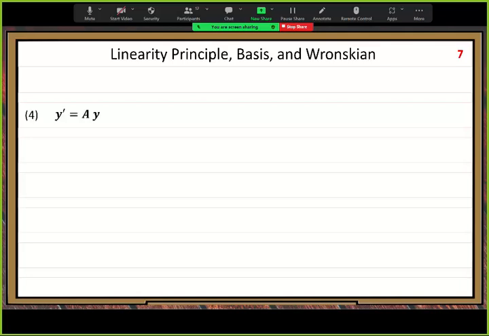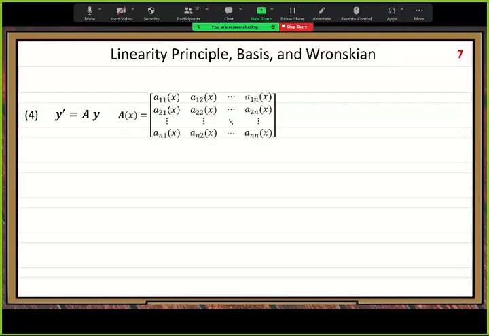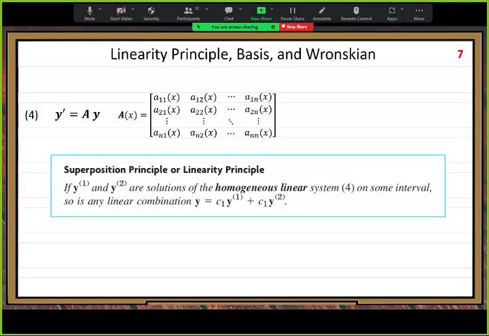All right. Let's start from this homogeneous linear ODE. First, the linearity principle, also called superposition, but we prefer to use linearity principle.